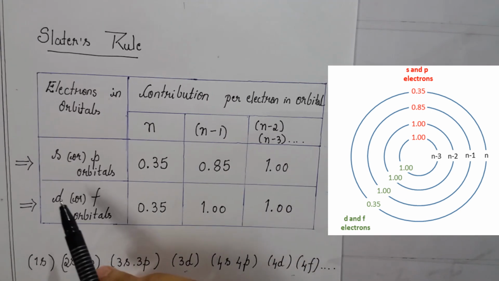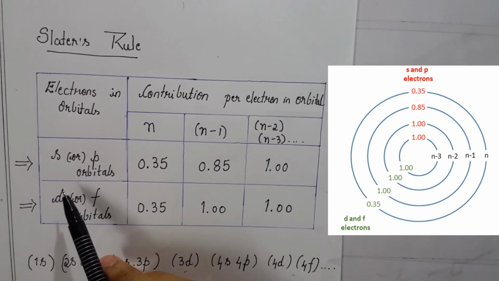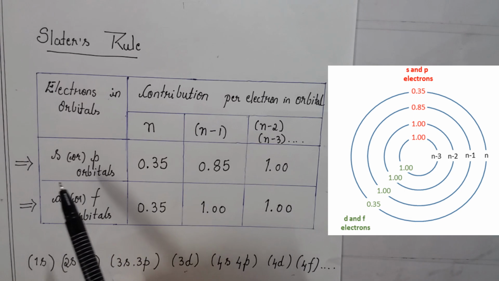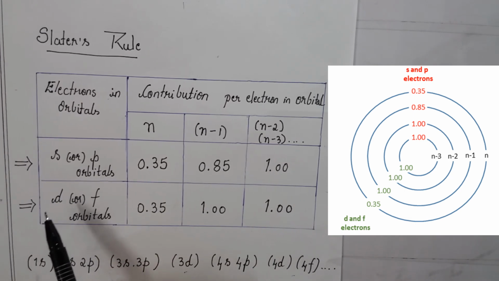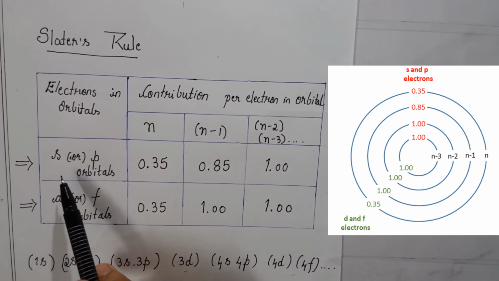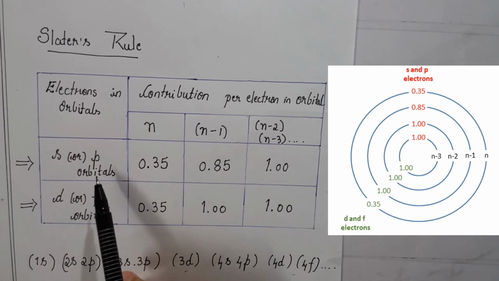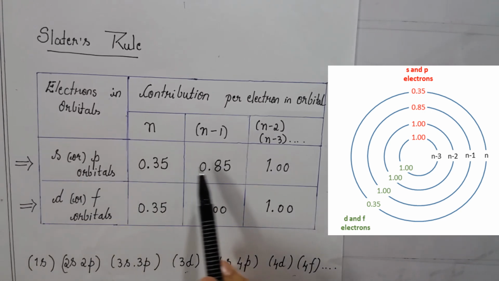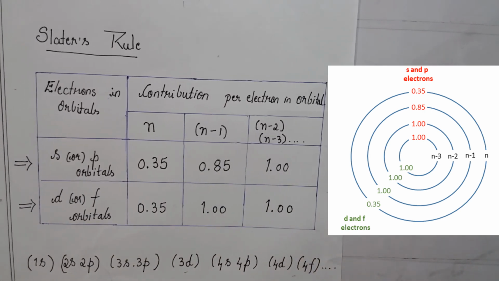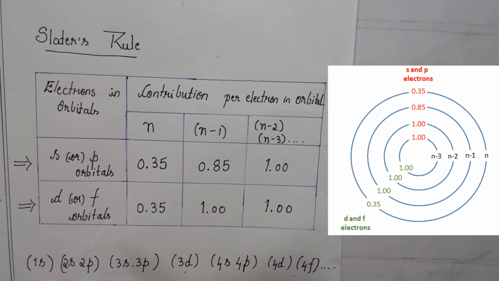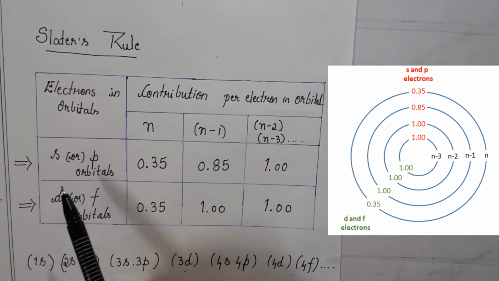Now if I have to calculate the Z effective, that is the effective nuclear charge experienced by an electron present in s or p orbitals, I have to follow these rules.